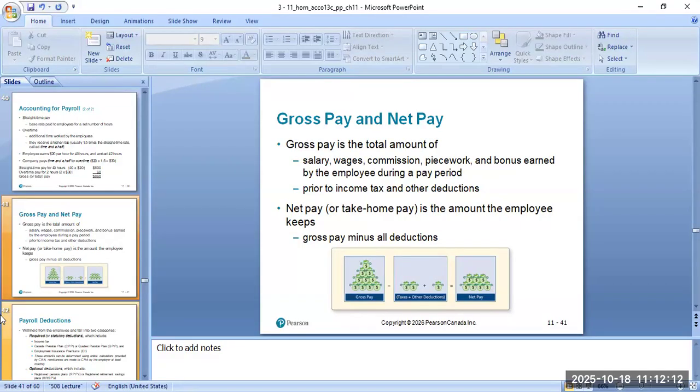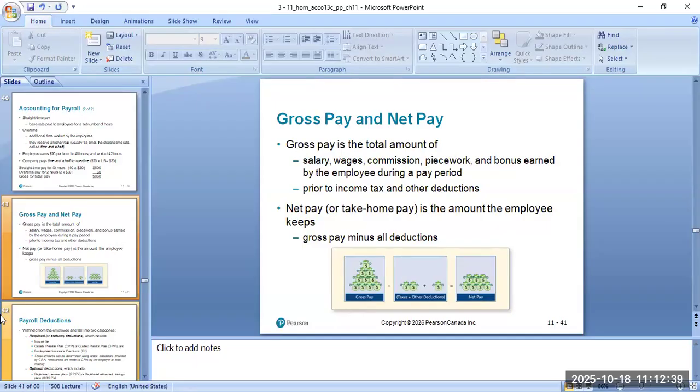A simple way to put it is, the gross amount is the money that the employee wants, but is never going to get. Net pay is the amount that the employee doesn't like, doesn't want, but that's the only thing he's going to get.